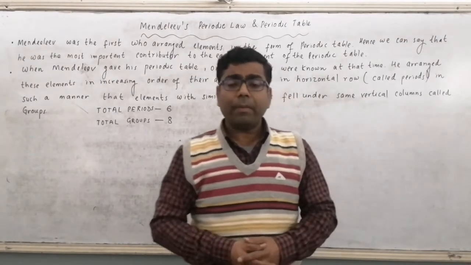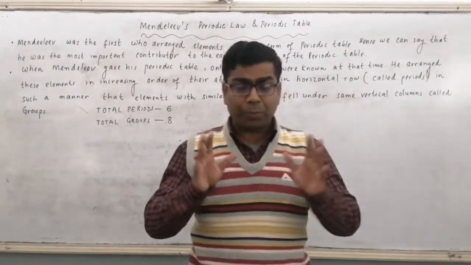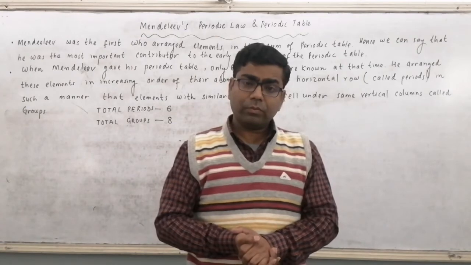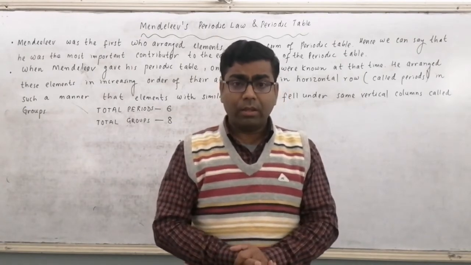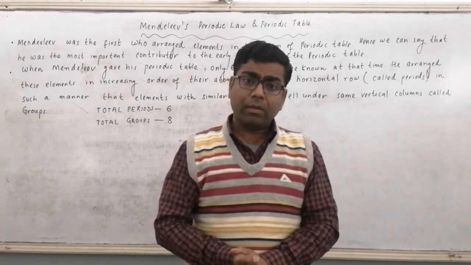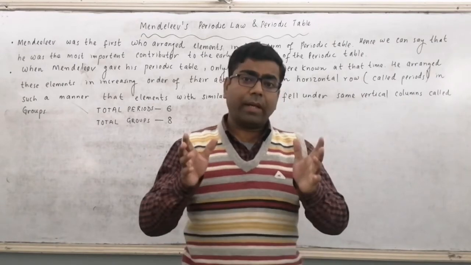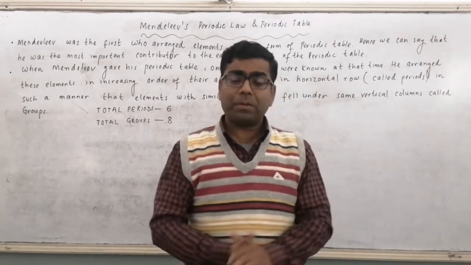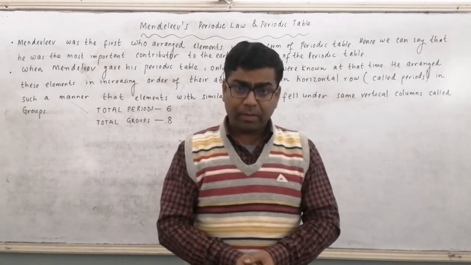The second failure: Mendeleev was not having idea about the isotopes. You know it very well that the isotopes have same atomic number but different mass number. So about the isotopes, where to place isotopes, the idea was not clear.